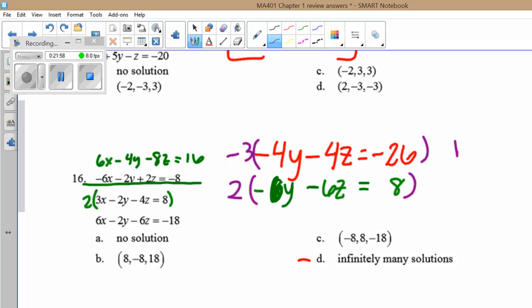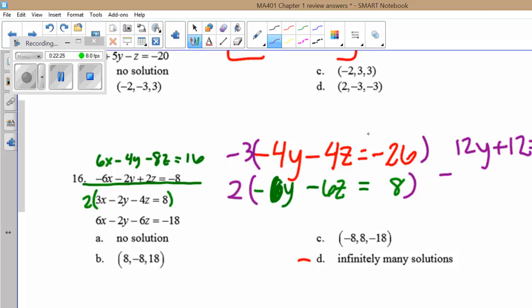So we get a positive 12y. Okay, try it again. Positive 12y. We get a positive 12z. We're going to do 26 times the negative 3, so that is a 78.